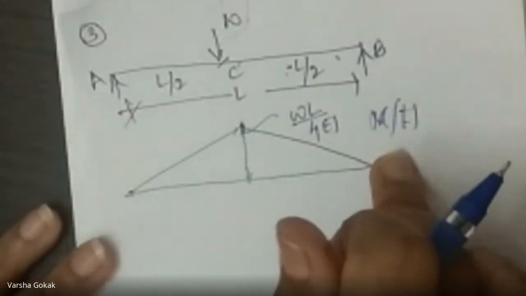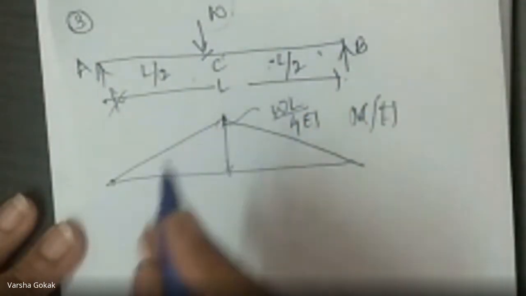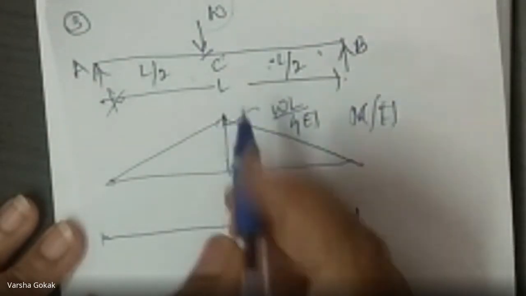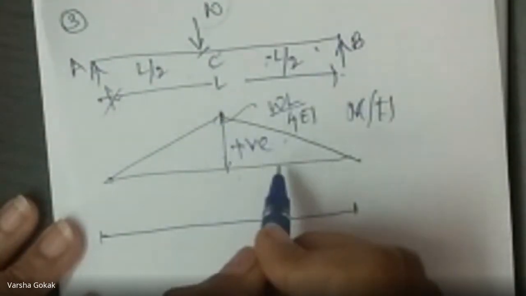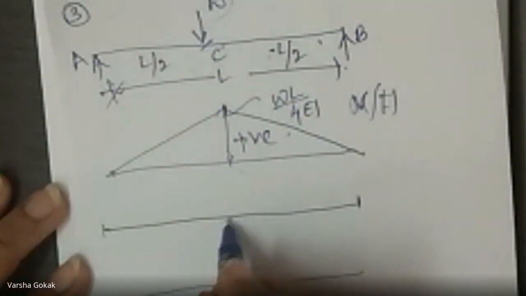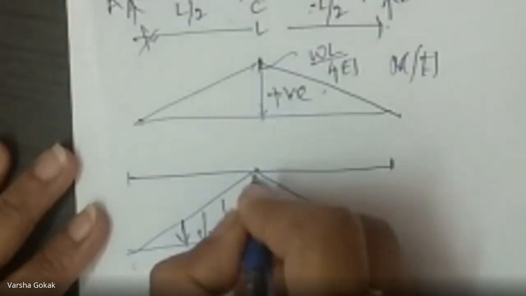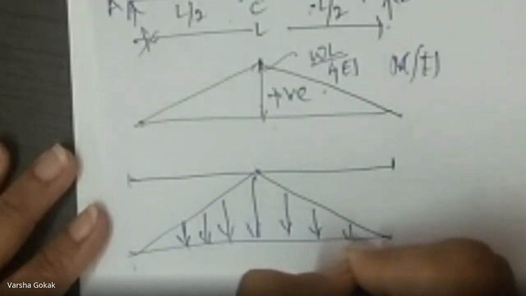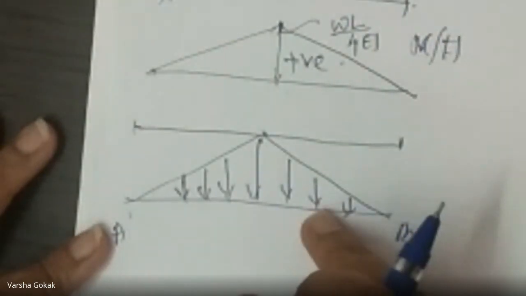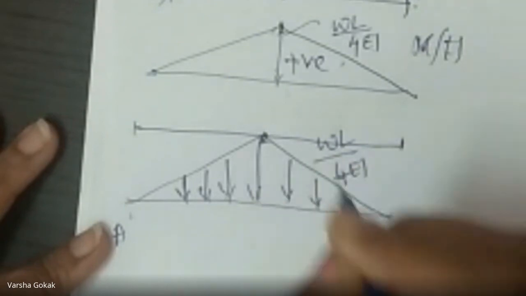Now based on this, when I draw the conjugate beam, we know that for a conjugate beam, both simple supports will remain as simple supports. I have to just draw the conjugate beam. This is a positive bending moment, so when there is a positive bending moment, the arrows will come downward. This is the triangle which has to come, and the arrows are coming down at A and B. Here the value is WL by 4 EI.